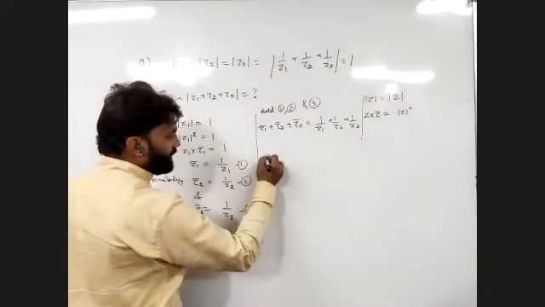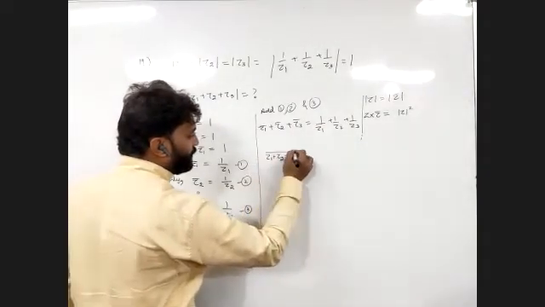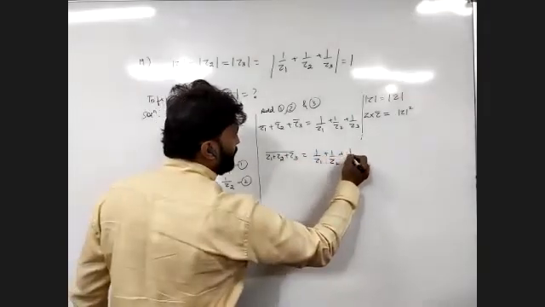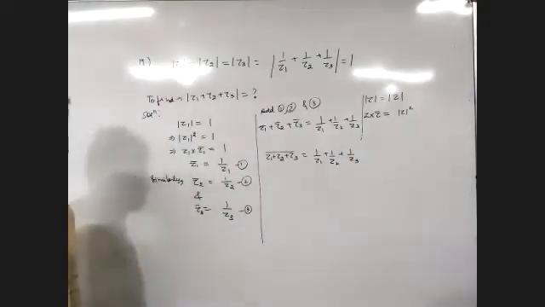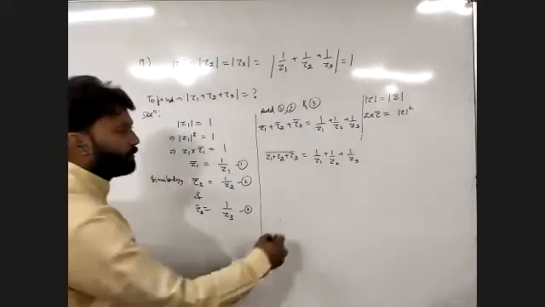Now, conjugates can be combined. (z1 plus z2 plus z3) whole conjugate equal to 1 upon z1 plus 1 upon z2 plus 1 upon z3. Clear? जो हमें find करना है उसमें mod है. So let's take mod of both sides.